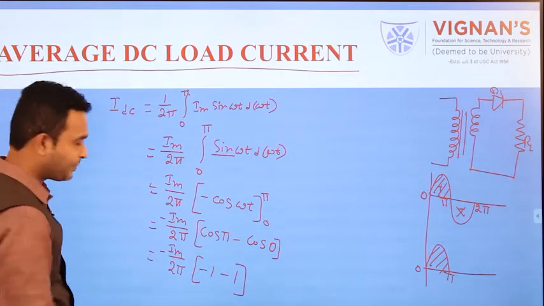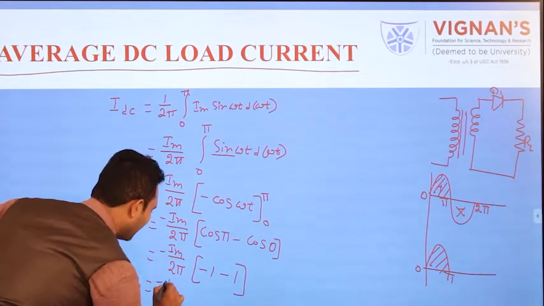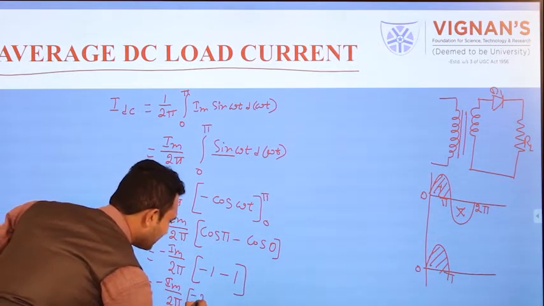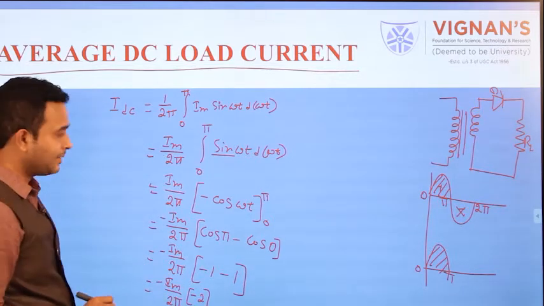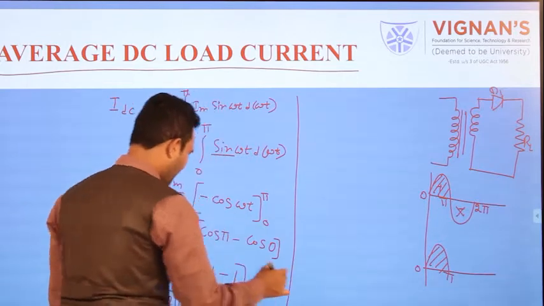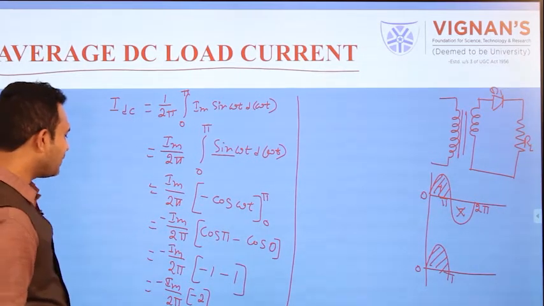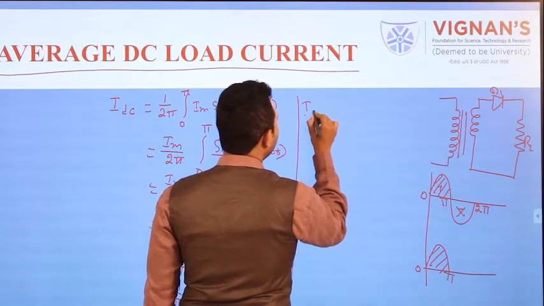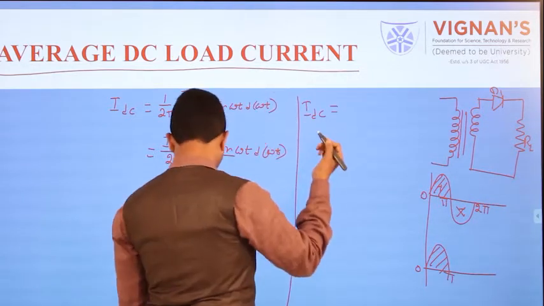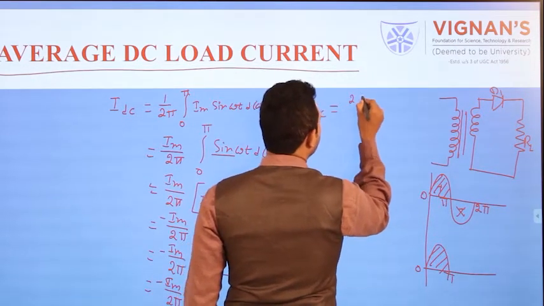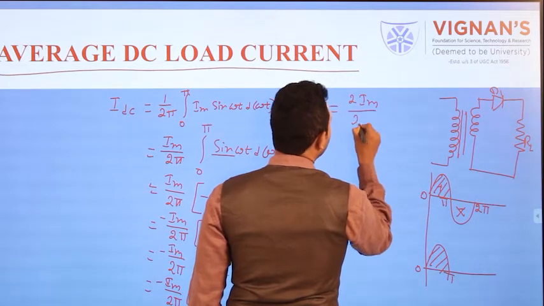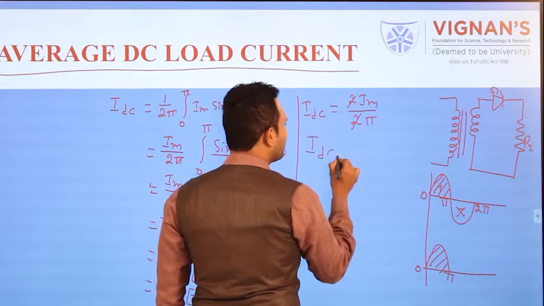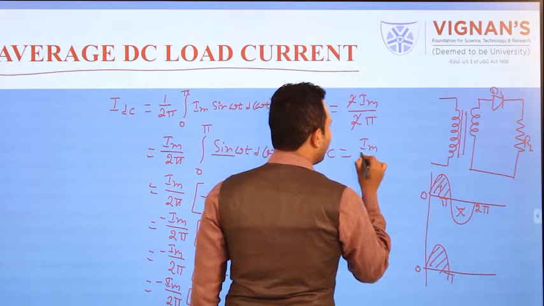So what is the total value? We get minus Im by 2 pi of minus 2. So IDC is equal to 2 Im by 2 pi, and the 2 cancels. The final equation for IDC is Im by pi.